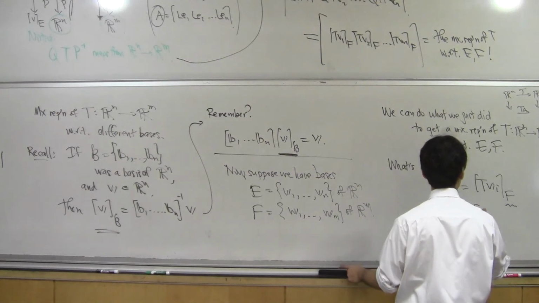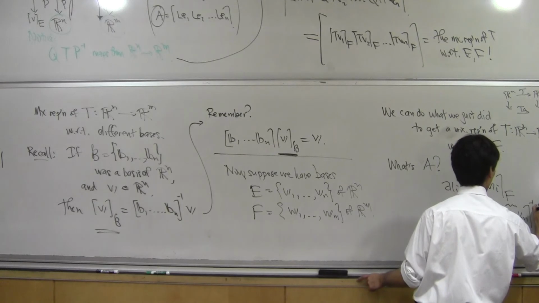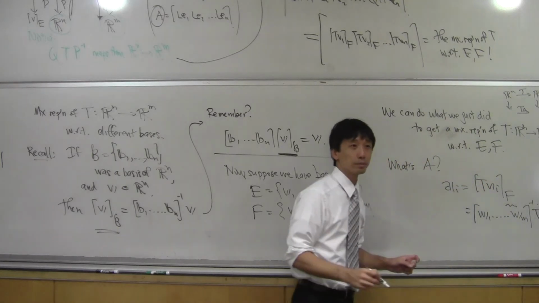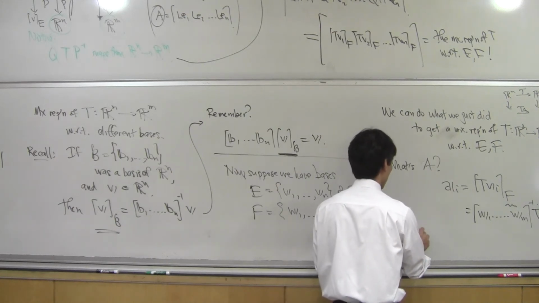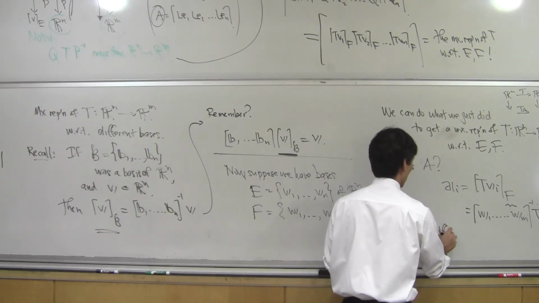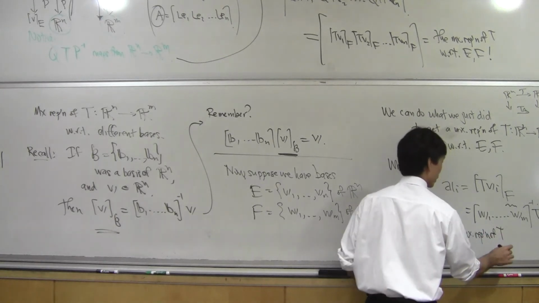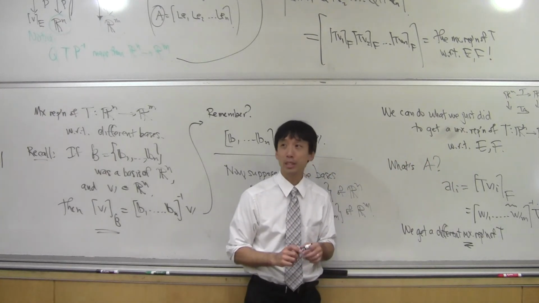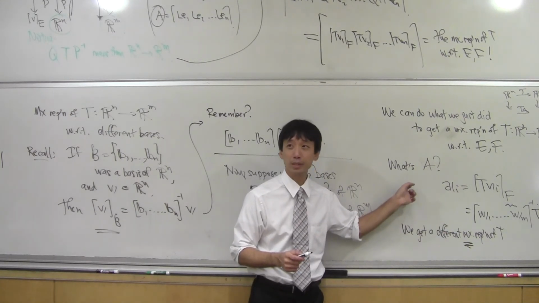You just take W1 through Wm, invert it, and multiply T(vi) by it. So we get a different matrix representation of T, a matrix representation with respect to some different bases.